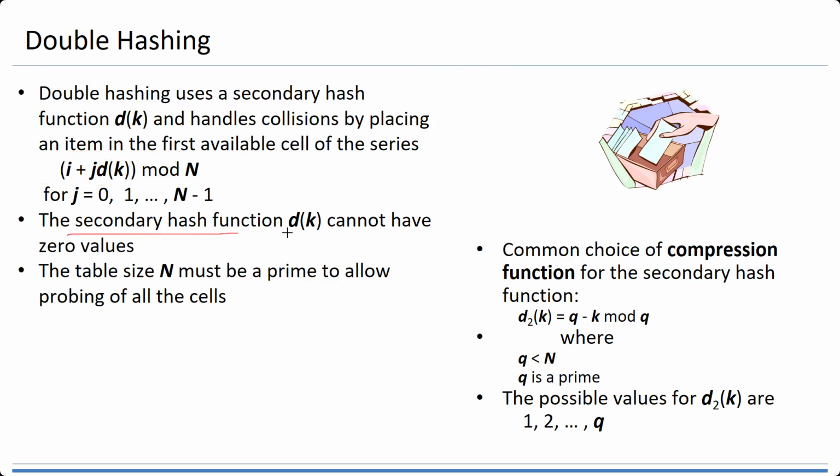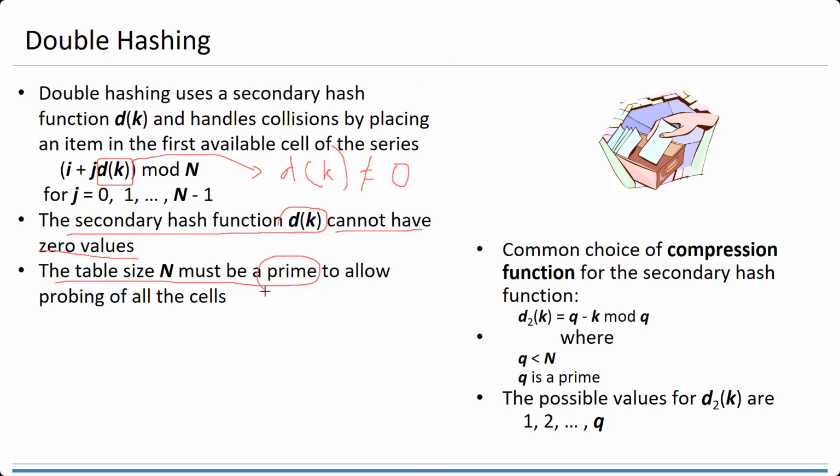The secondary hash function d(k) cannot have 0 values. So d(k) cannot be 0. And the table size n must be a prime.